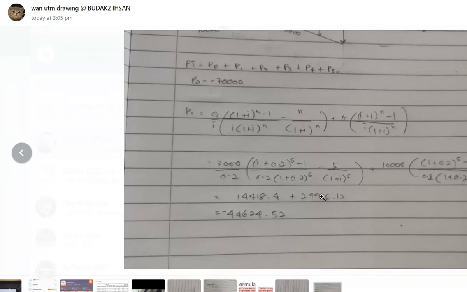Alright, okay. Now coming, okay. So can we determine the P4 first, okay? You need to determine the P4 because when you want to see the present value of this 50,000, you can use the formula of P and F. That's straight away you can get the value of P for the F equals to 50,000.